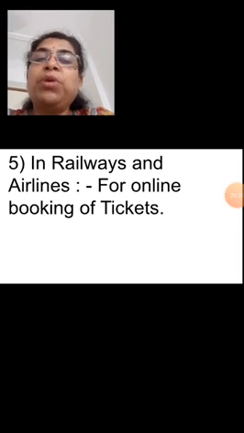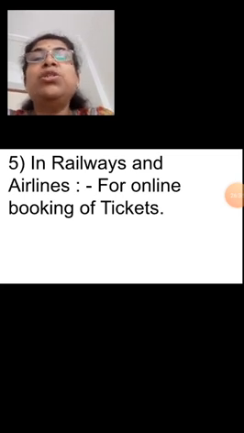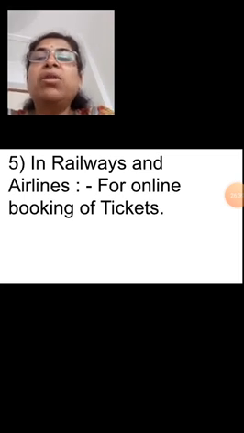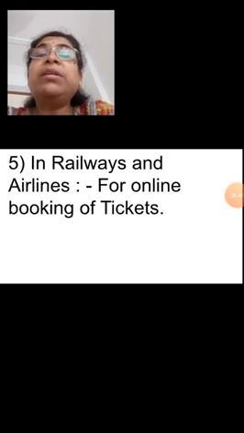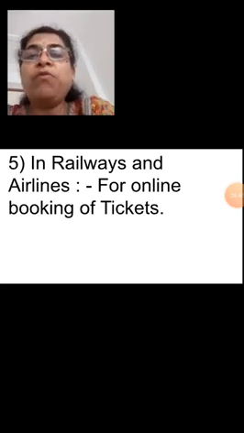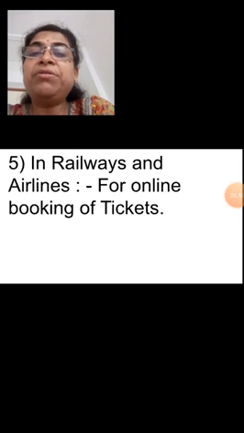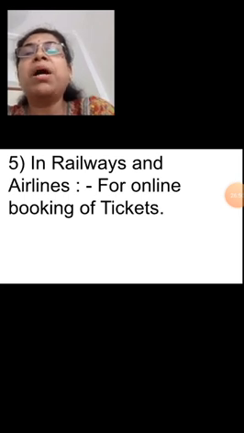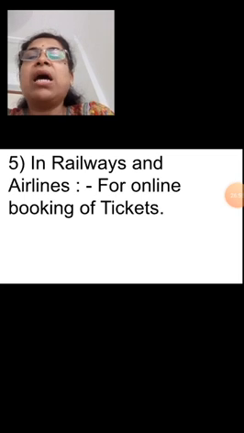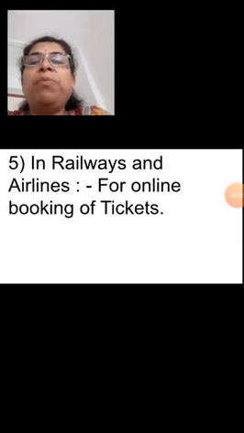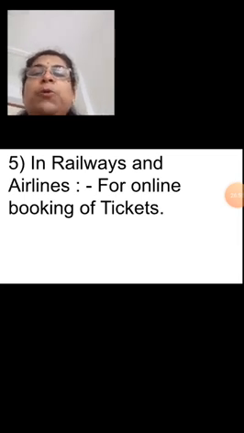Not only for booking tickets, but in the railways it is showing the list of trains also, which are the long distance trains. How many tickets are available, for which date, how many trains are available, what time it is departing, what time it is coming back. All these details are shown. Same for the aeroplanes also, for the airports also.